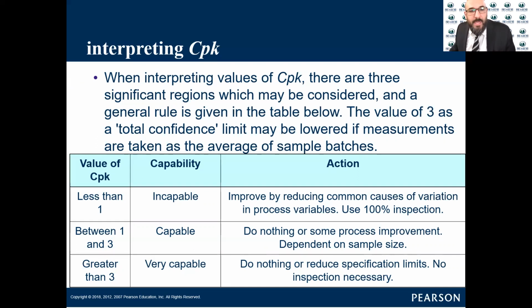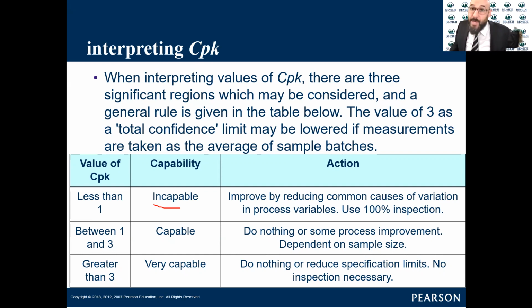The value of 3 as a total confidence limit may be lowered if measurements are taken as the average of a sample. Less than 1, the process is incapable. Improve by reducing common cause variation in the process variables. Use 100% inspection. You have to inspect every unit, every time.